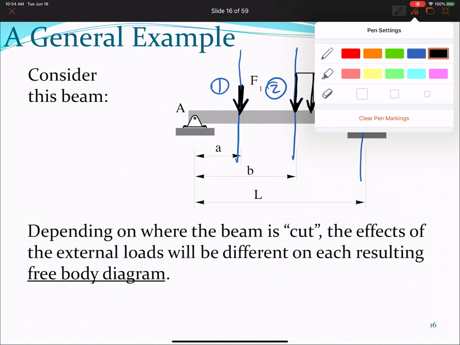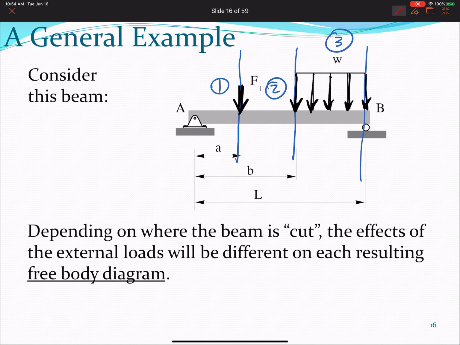So for the first segment, you will define your first X just a bit before the load changes. So this is the first X. And what about the second cut? Well, just a bit before the next load change. That will be your second X.